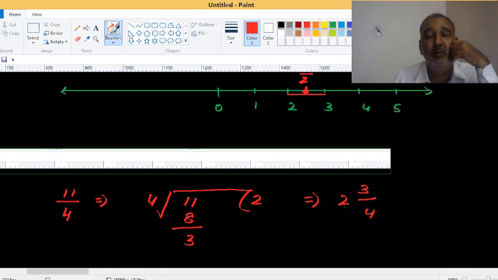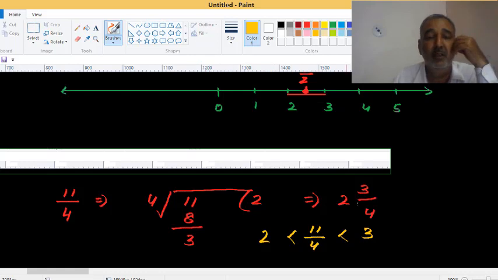Can you tell me between which two integers does this number lie? Obviously, it lies between 2 and 3. If yes, then write your expression. This number 11 by 4 is greater than 2 and less than 3.